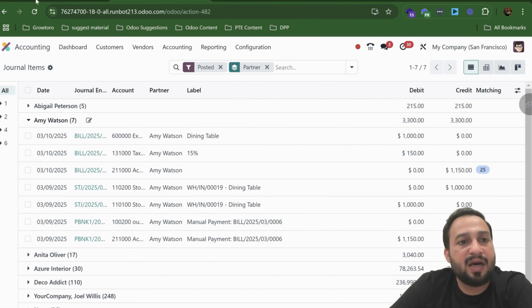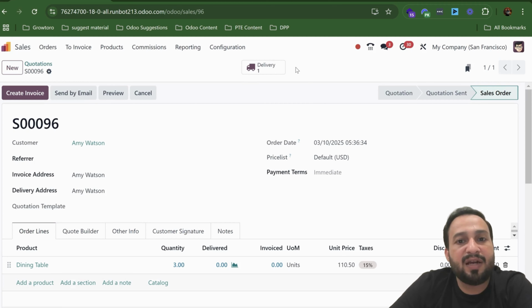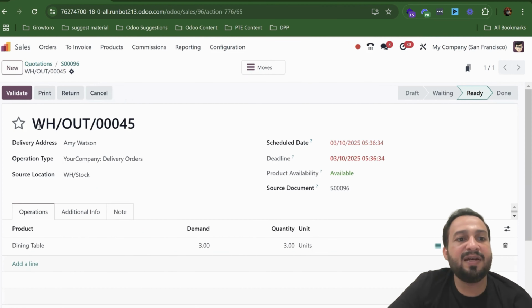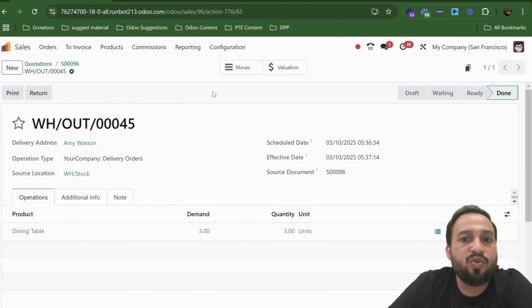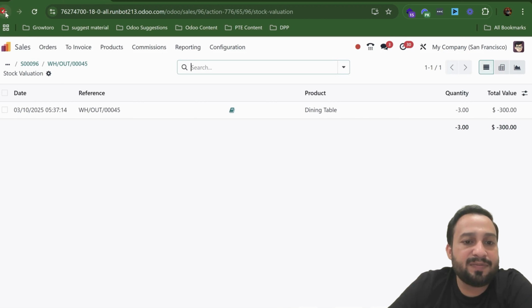So what next? After this, as the system has already generated a delivery for us, we will validate this delivery. After validating the delivery, two accounts will hit at the same time.